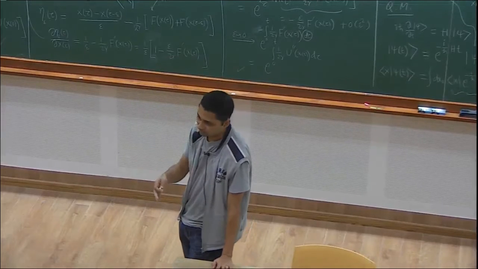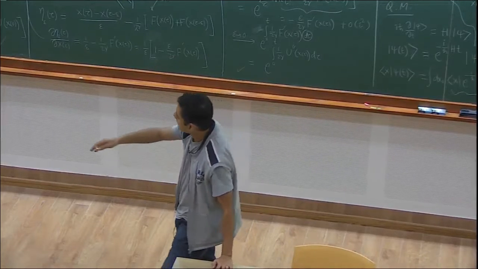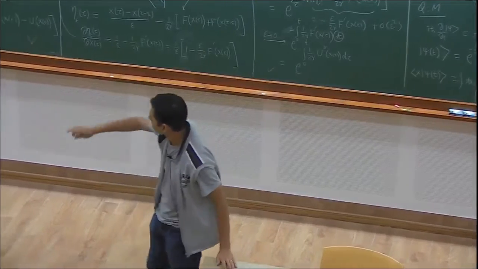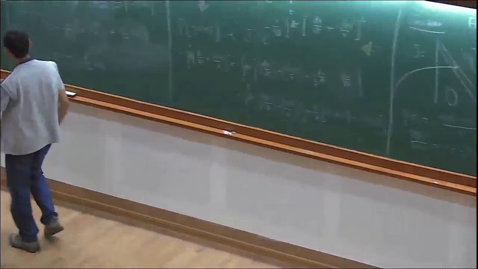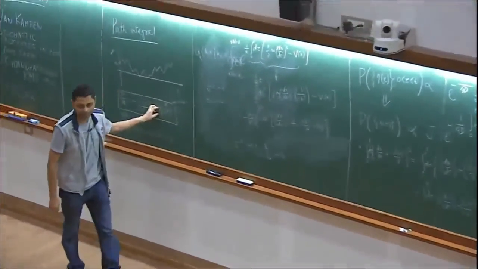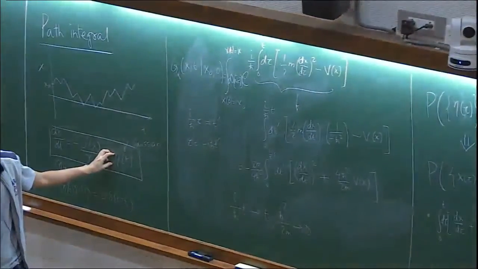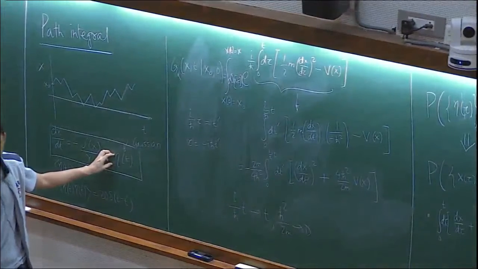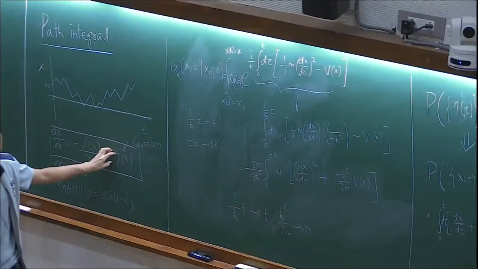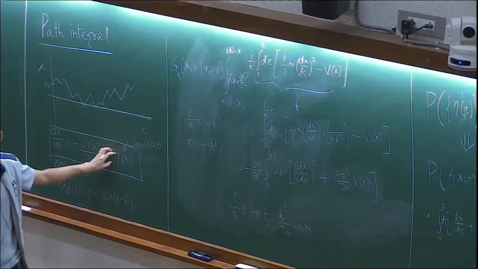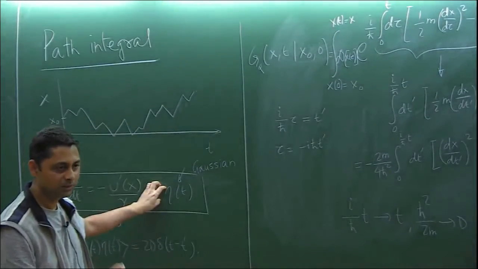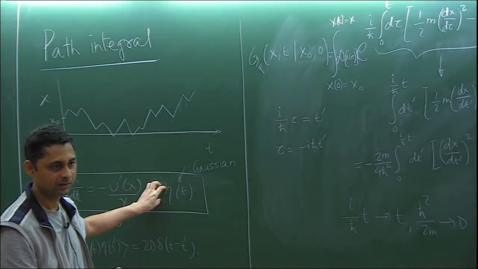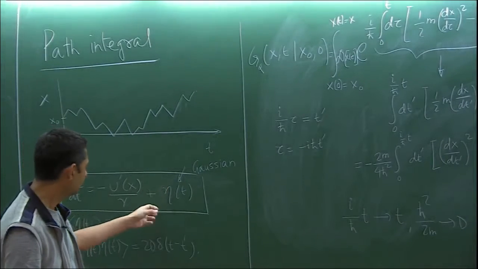If you have something in front of the noise which depends on x, like a diffusion coefficient that is a function of space, then if you simply take this equation, it may give you the wrong answer.